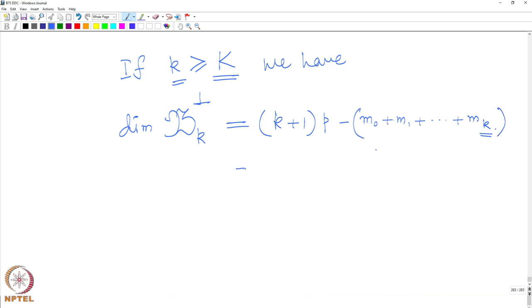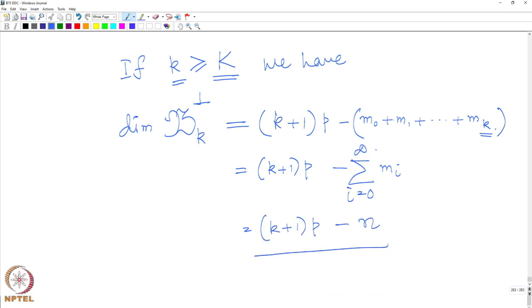That means this is the same as (k+1) times p minus the summation of mi, i going from 0 to infinity, which is equal to (k+1) times p minus n. So the dimension of B_k^pub is this number.